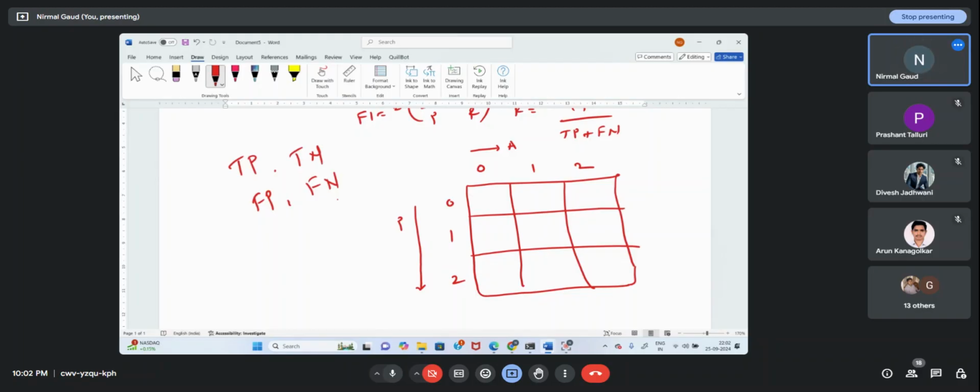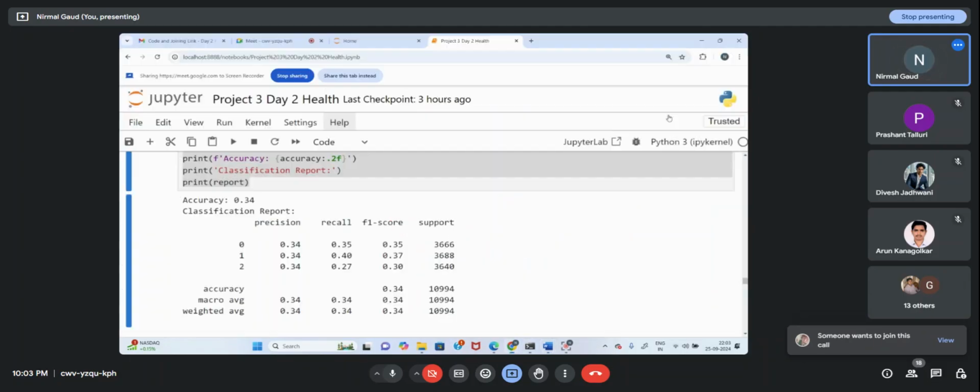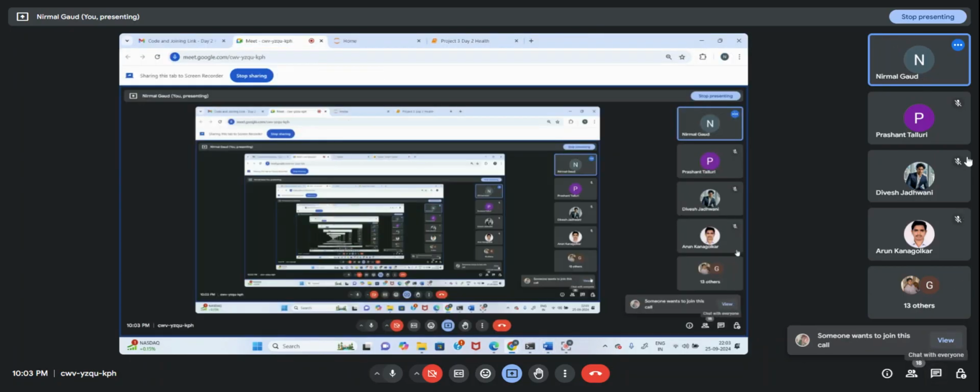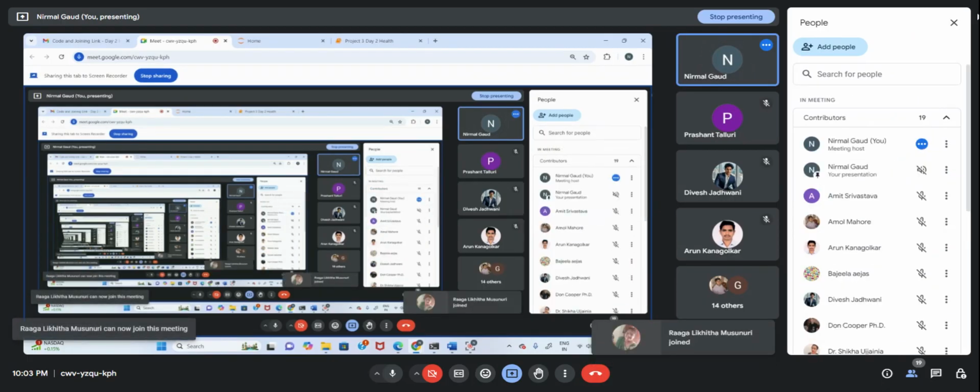So here, if the actual is 0, and the model also predicted it as 0, this will be true 0. Now if the actual is 1, and the model predicted it as 0, what will it be?